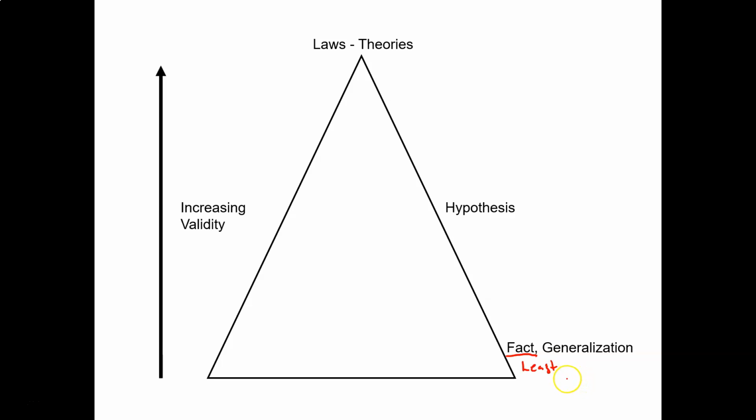They're also the least predictive type of information that we could have in the field of science. So for example, right now, I am wearing a red sweatshirt. Go ahead and explain to me what you know about me if I'm wearing a red sweatshirt.